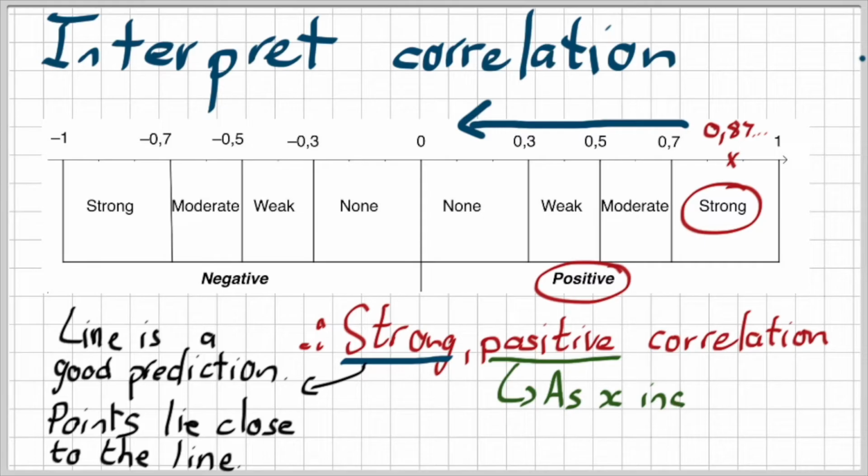Positive means as X increases, Y increases. But we've done this before, have we not? Yes, we have. But this is a confirmation of what we have done at this moment of time. So this is a mathematical way of proving that is a positive correlation.